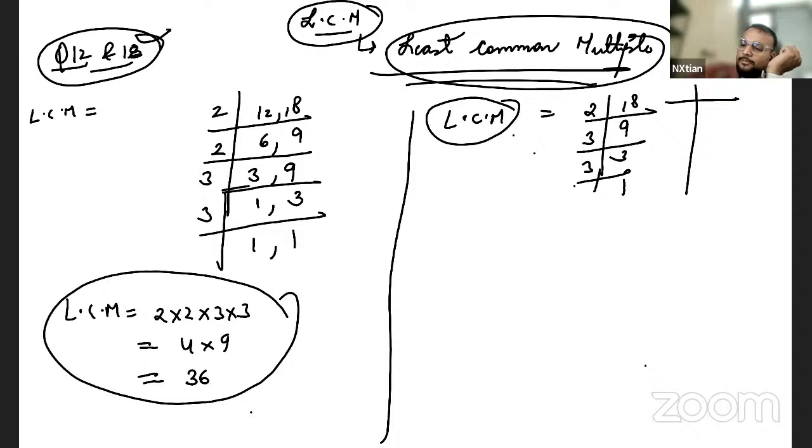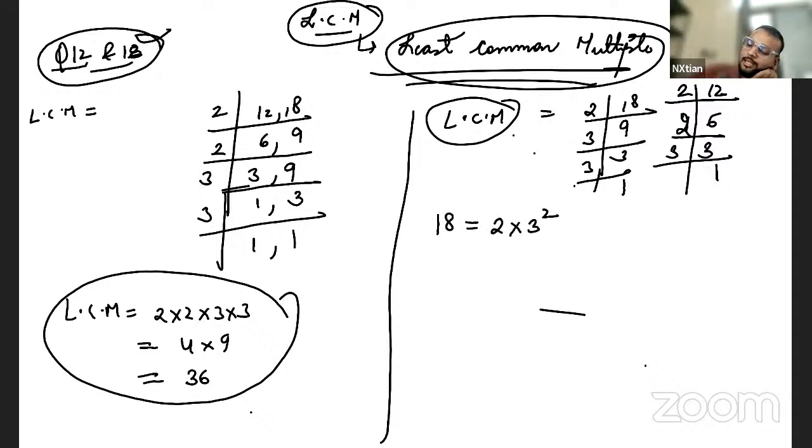And the prime factorization of 12: 2, 6, 2, 3, 3, 1. So the prime factorization of 18 is 2 into 3 square, and of 12 is 2 square into 3.